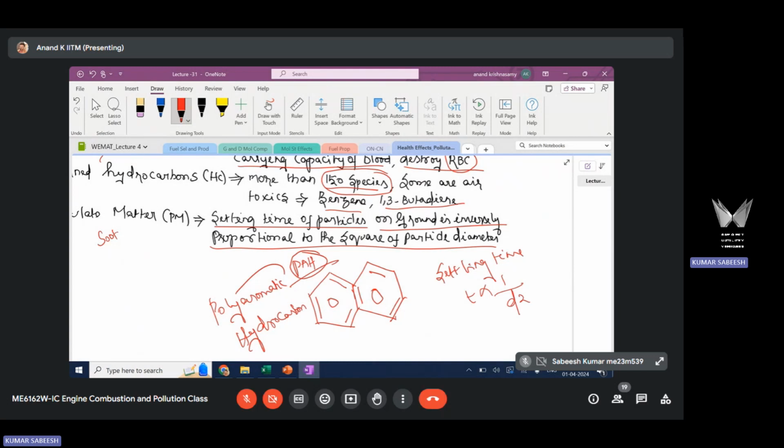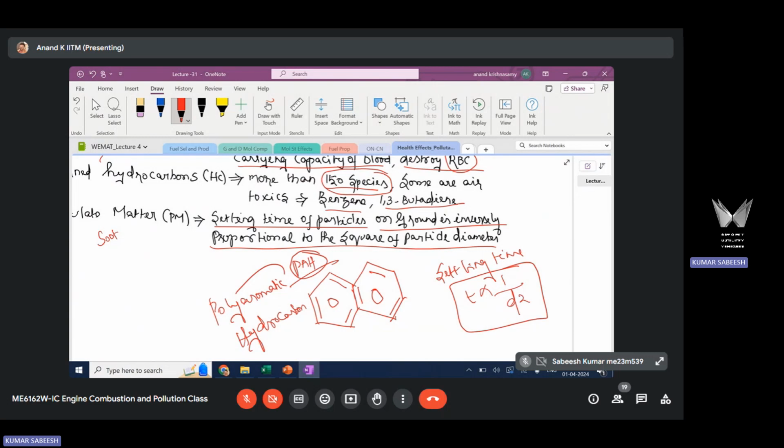So what problem does this create? This relationship shows that there is a problem. What is it that you have noticed? Settling time of a particle on the ground is inversely proportional to the square of the particle diameter. So the smaller the diameter of the particle, the more time it will take to settle.